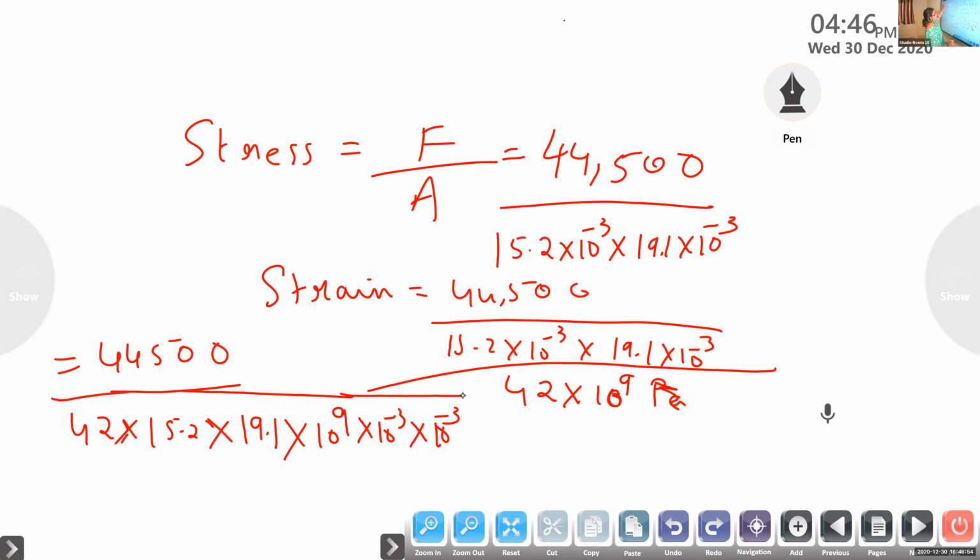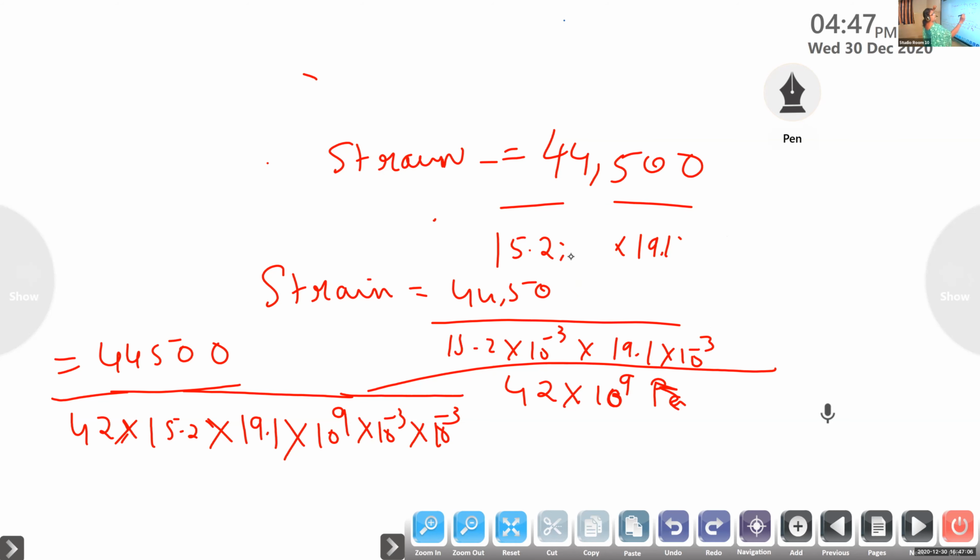So you can find out strain is equal to 44,500 divided by 15.2 into 19.1 into 42 into 10 to the power of 9 into 10 to the power of minus 6. That means 10 to the power of 3. So just do this part, then you will get the answer. Take the 10 to the power of 3 up.